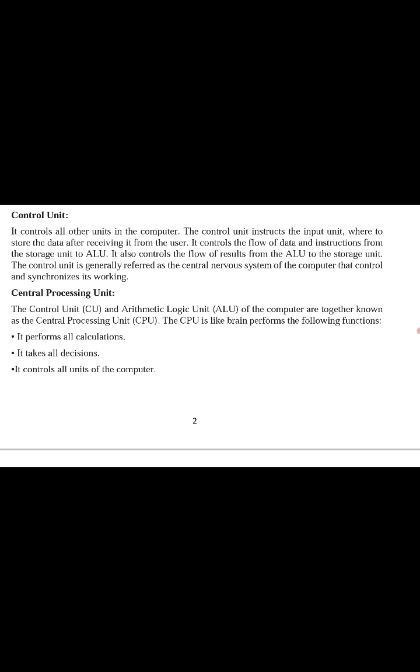So it controls the memory system, the processor, and all input and output devices connected to it. It is called the central nervous system of a computer.